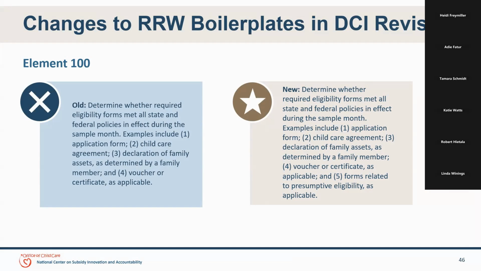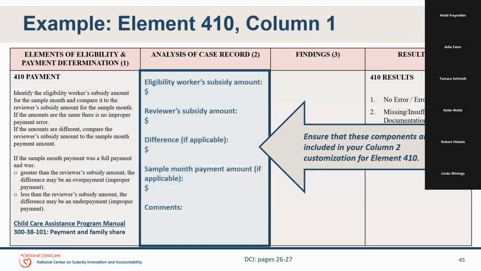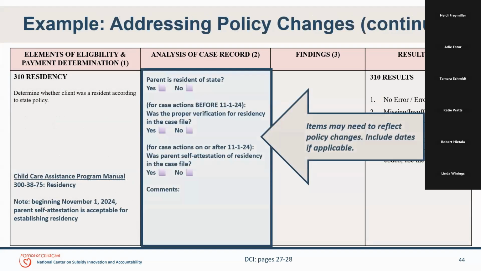Here, you got a couple questions coming in. Okay. Vanessa asked, would that one have the NA? Vanessa, if you want to come off mute and provide some context. 310. So for that, because you have one that says before 11/1/24 and one says 11/1/24, you have a yes, no. Would you have an NA on both of those so that you know, because if you're answering one, you may not be answering the other.